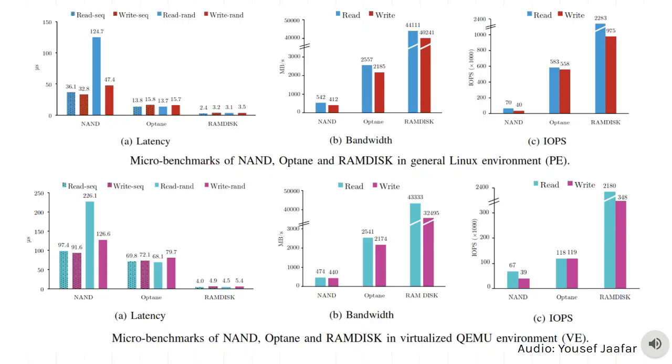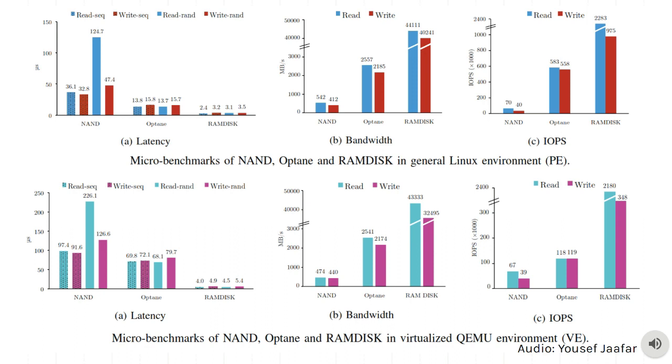The following diagrams show how Optane behaves regarding the basic metrics of latency, IOPS, and bandwidth by making comparisons with two kinds of devices, NAND and RAM disk, in both the PE and VE. In the PE, as expected, Optane achieves lower latencies than NAND, with a reduction of 67.4% on average for all four request types.